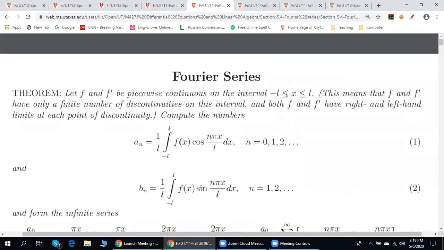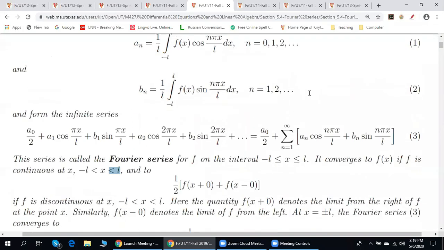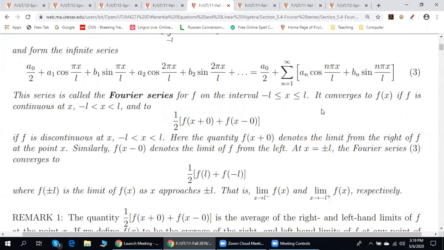Remember, originally x is greater or equal to negative L and lesser or equal to L. Here, case 1: suppose x is strictly greater than negative L and strictly lesser than L. Suppose x is not one of the endpoints, and also suppose that f is continuous at x.